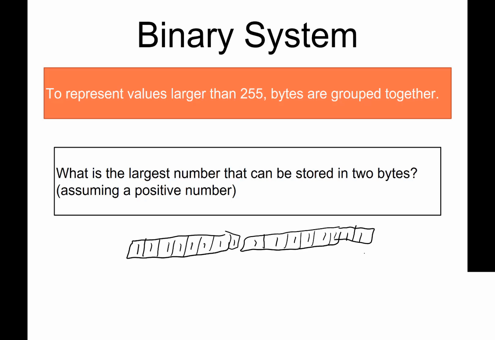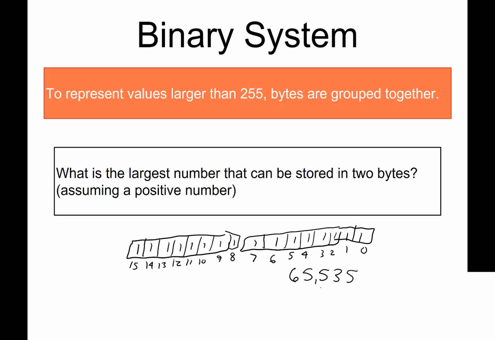So we have bits 0, 1, 2, 3, 4, 5, 6, 7, 8, 9, 10, 11, 12, 13, 14, 15. Seeing it written like this, what is the largest number? Because this is the largest number we can store in 16 bits or 2 bytes.